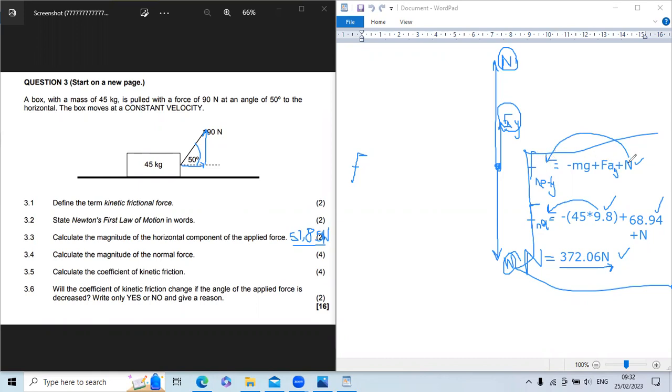I wrote it as capital letter N, but sometimes they also write it as Fn for the normal force. So they just took this, put it to the side, left this as it is. This is going to be positive, and this is going to be negative now. So do you understand that? Yes, sir. Yeah, so basically still the same.